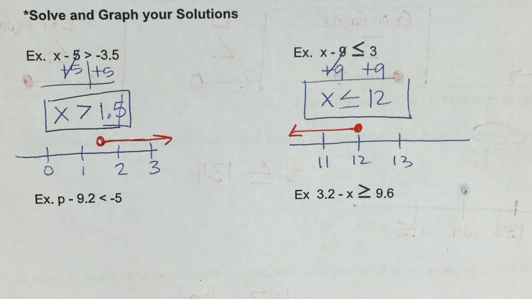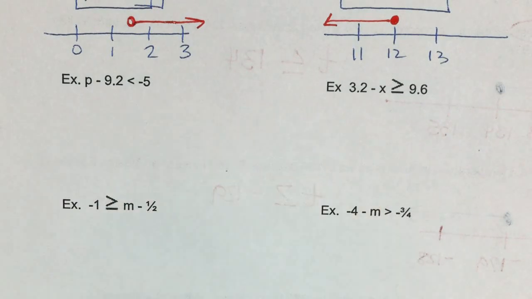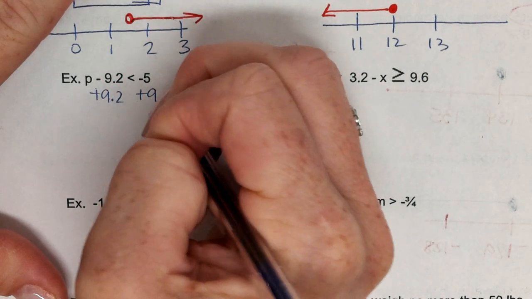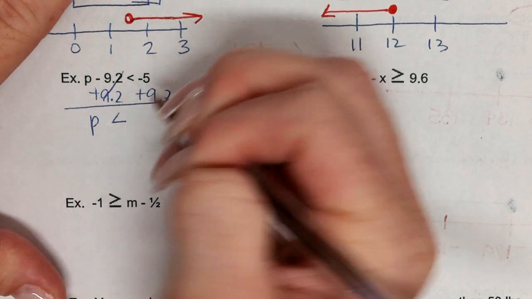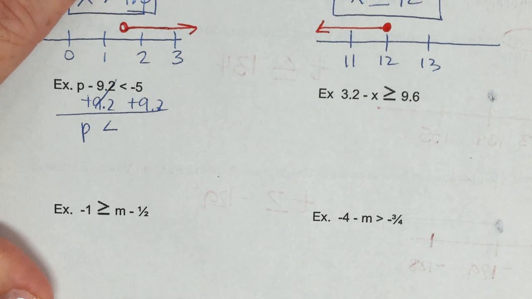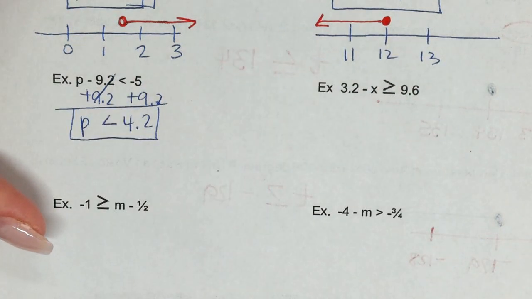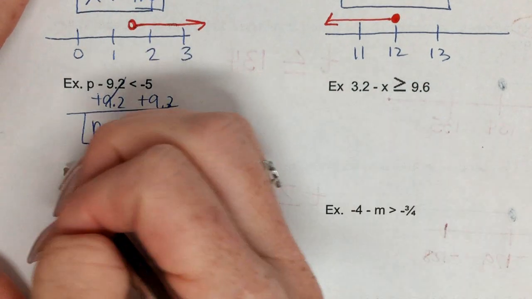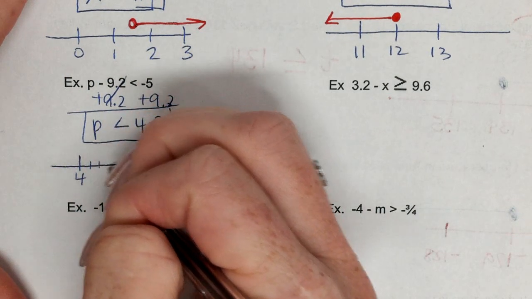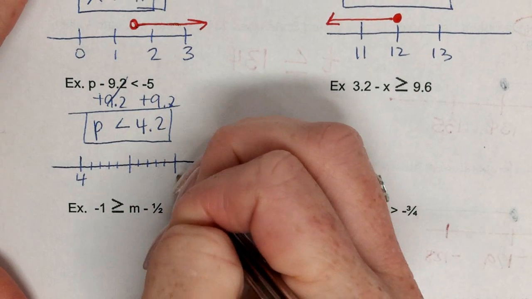Do you have any questions? Okay, let's try this next one. How would I get rid of the minus 9.2? Plus 9.2. So I have p is less than, and negative 5 plus 9.2 is 4.2. Now, I really don't care how you do this, but you could, if you wanted to, say, here's 4, 4.1, 4.2, here's 4.5, here's 5.